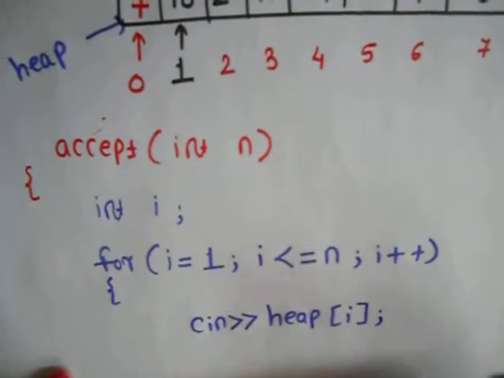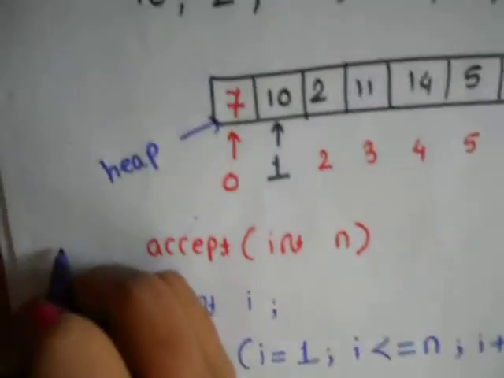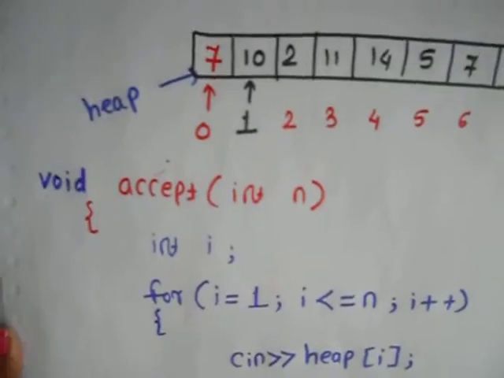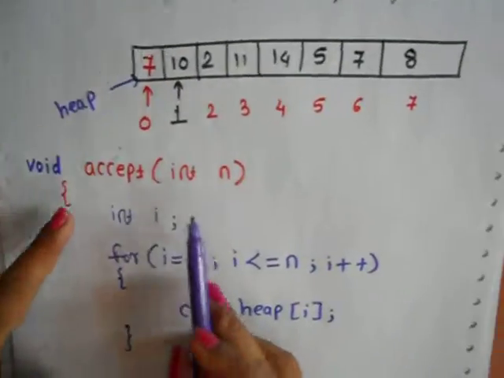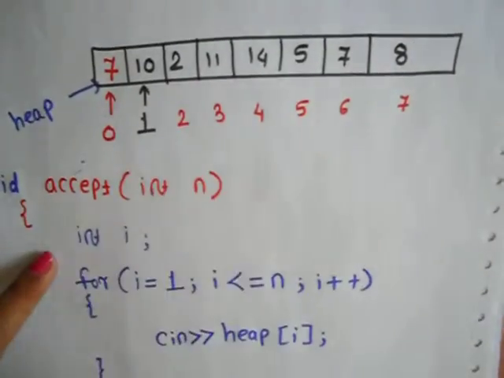Here we give the return type of this function as void. So we accept a total of n elements.